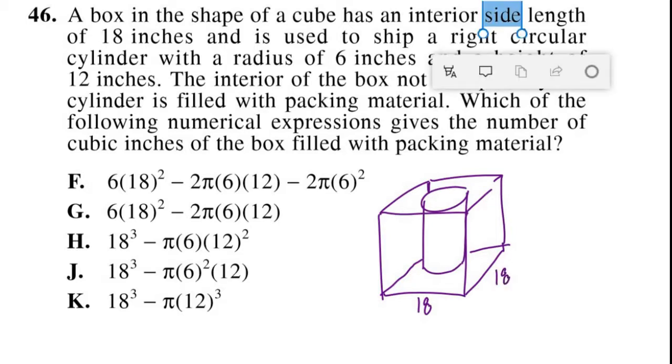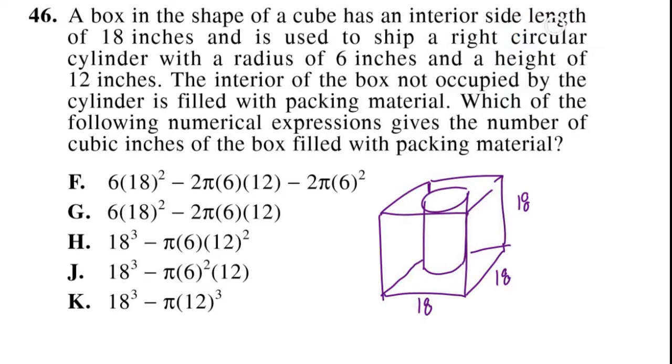So we know all of these sides would be 18 because it's a cube. And we know that the cylinder has a radius of 6 inches, which would make our diameter 12 inches. We know that the height of this cylinder is 12 inches.